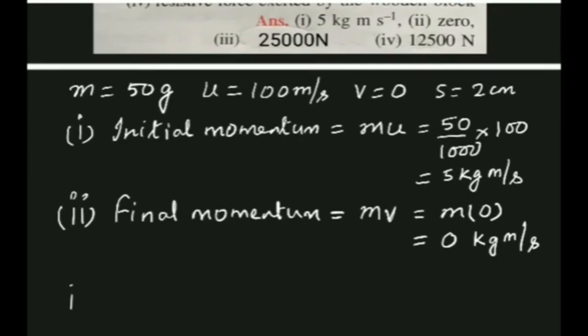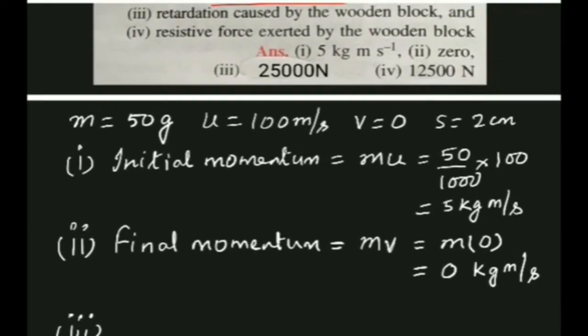Okay, come to the third part. What they are asking is retardation caused. And what did I tell you? What is retardation? Retardation is negative acceleration. So the acceleration formula is (v minus u) upon t.